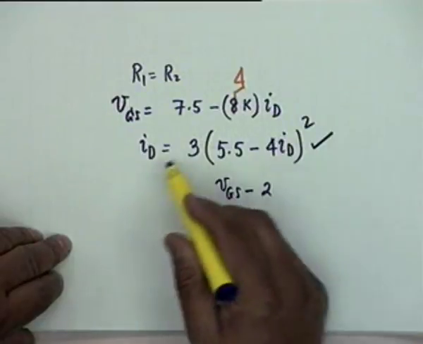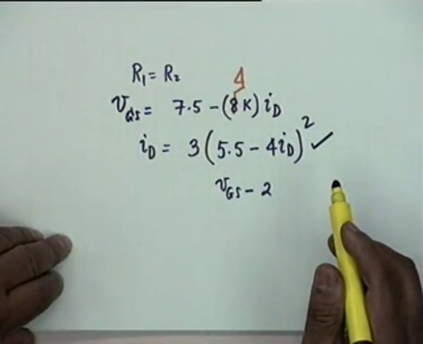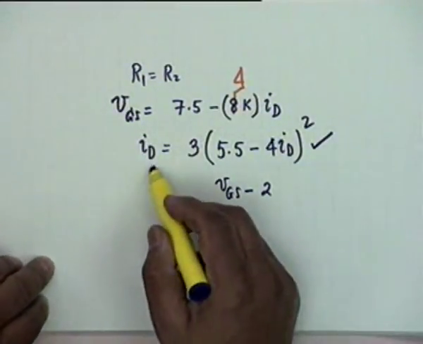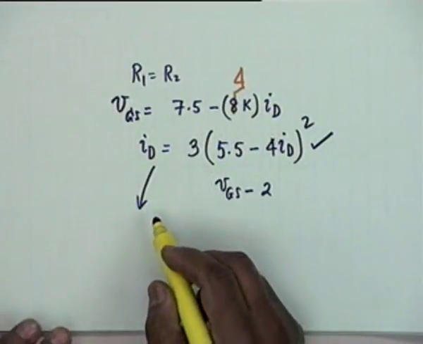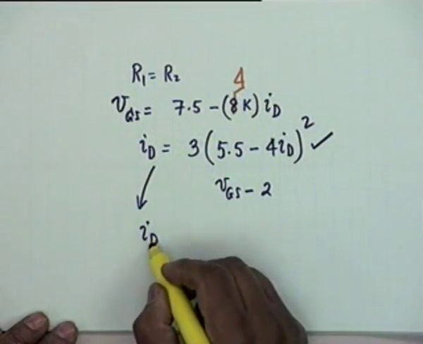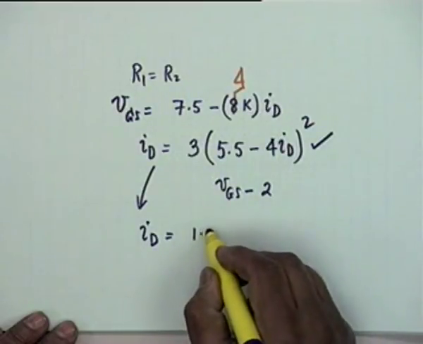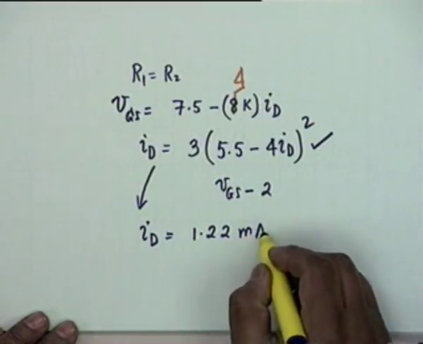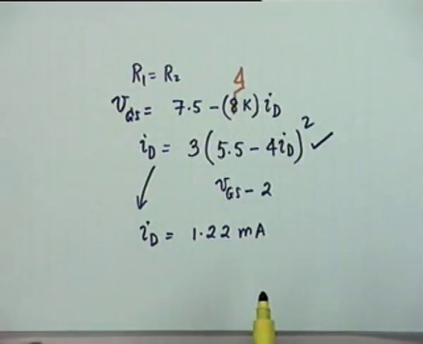So this is a quadratic equation which we shall have to solve. And the quadratic equation solution, my solution is that I sub d is equal to 1.22 milliampere. The other solution is not acceptable. You have to find out why.